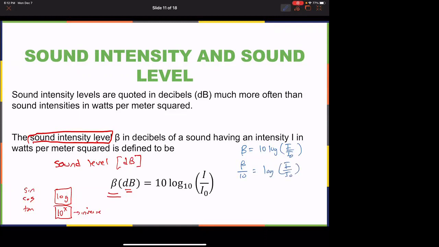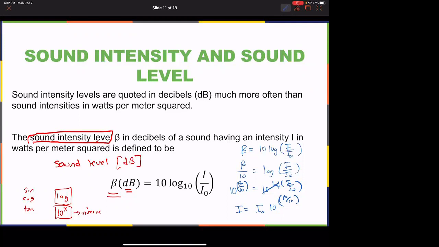Now to get rid of the log, we take this to the 10th power: 10 to the beta over 10 equals 10 to the log of I over I naught. Those cancel, and now you're left with I equals I naught times 10 to the beta over 10. That's your formula to solve for I.